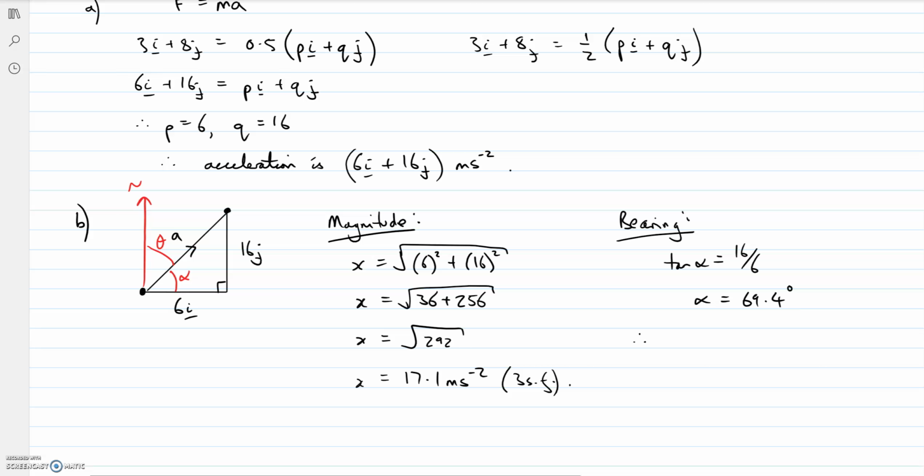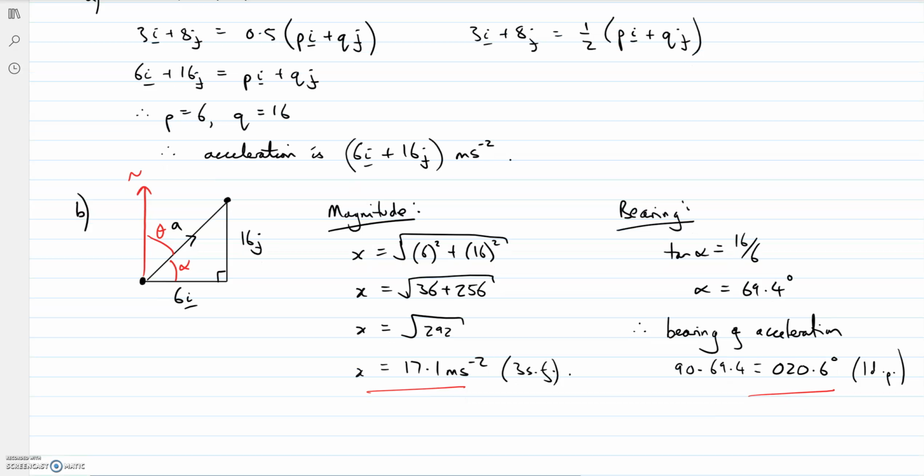And therefore the bearing of acceleration is going to be 90 minus this. So we get 020.6 degrees to 1 decimal place. I remember we need a 0 at the start for a bearing. And that's the bearing. So here's our magnitude of the acceleration, and that's the bearing of our acceleration that it's going off in.